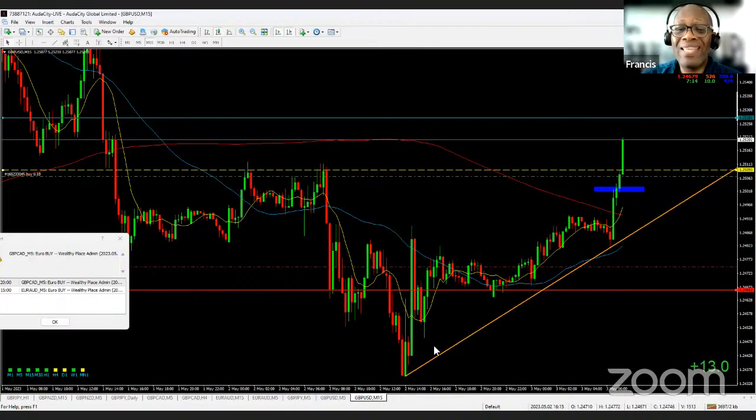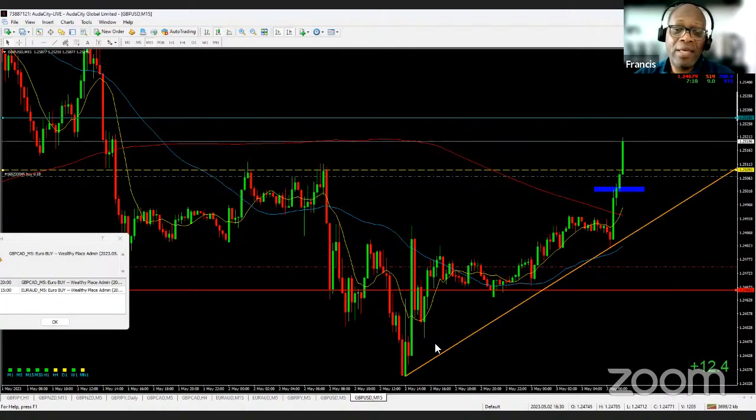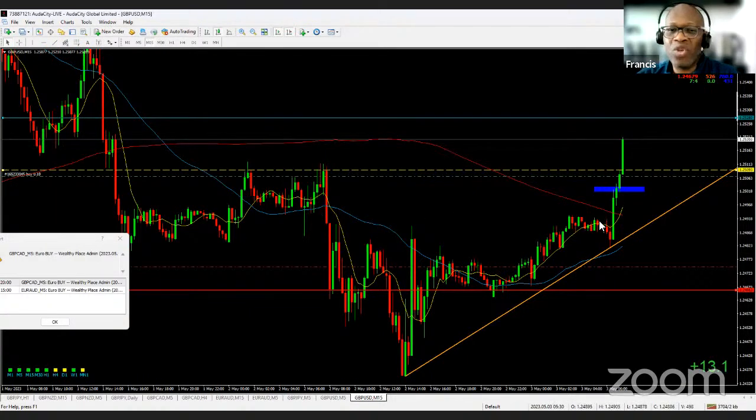When the momentum is powerfully moving in the direction of the red, you can be sure that the red is going to be broken. If the momentum was not there, then it might act as some resistance, which means the price could come here and bounce off it. But because the momentum is high, I'm saying it's going to break it.